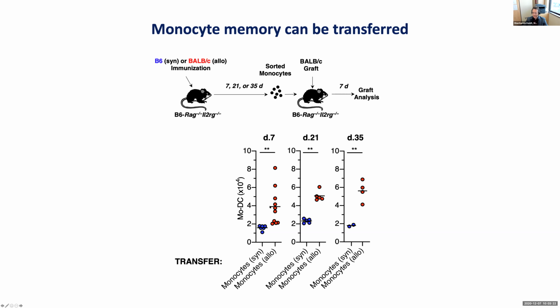Again, you can see heightened responses upon transferring monocytes from allogeneic immunized mice versus the syngeneic ones, and this time it is true across all time points up until day 35.